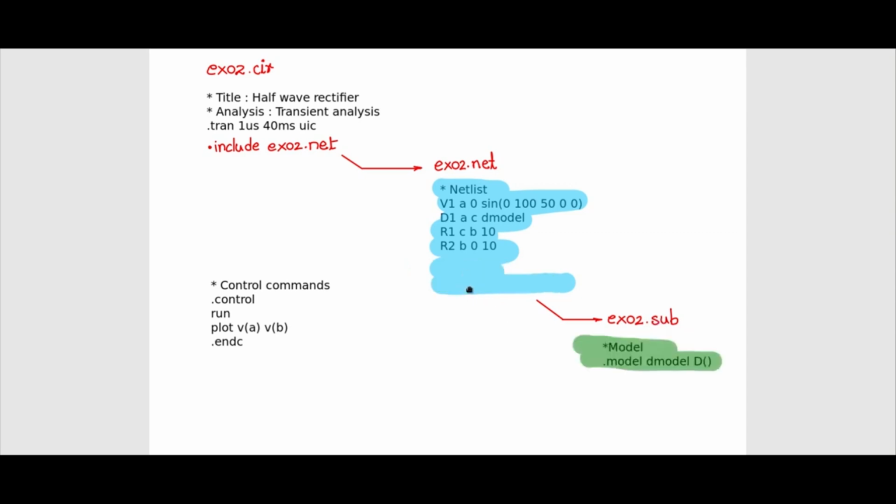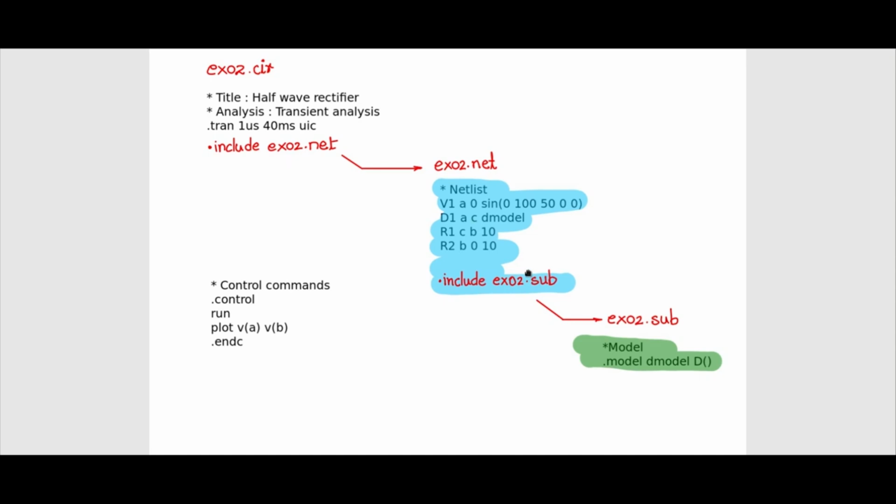So let us push this model part into this sub-circuit file. And this model has to be accessed by the netlist. Therefore, let us have a .include here, including ex02.sub.